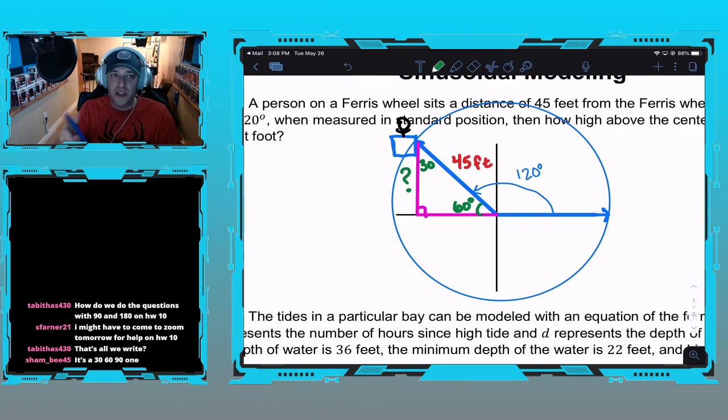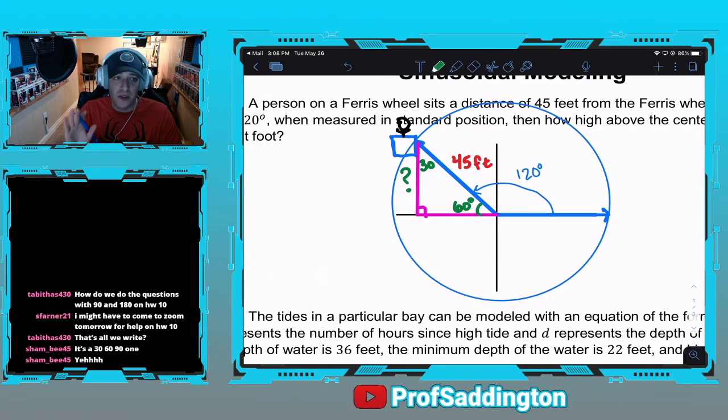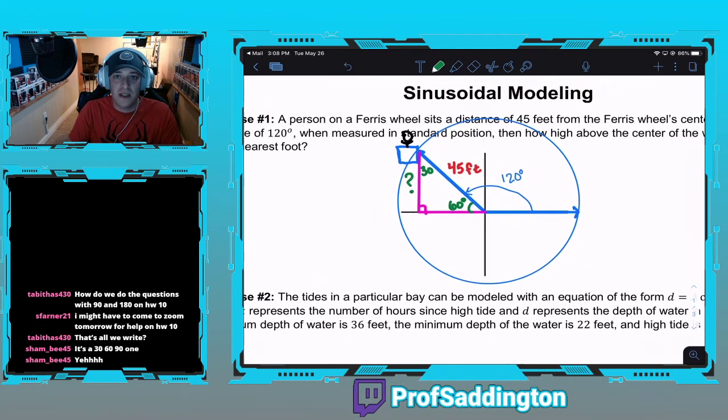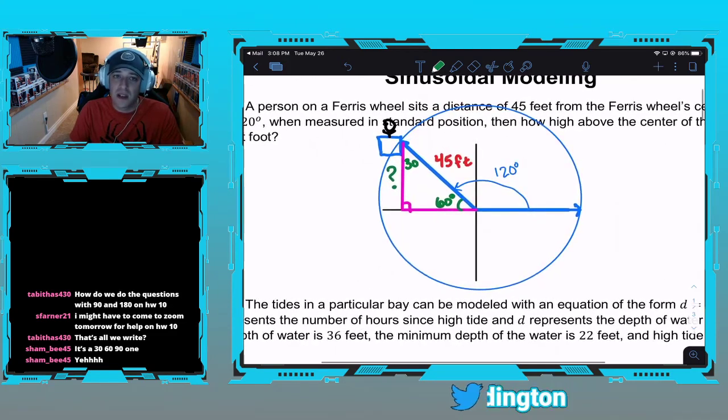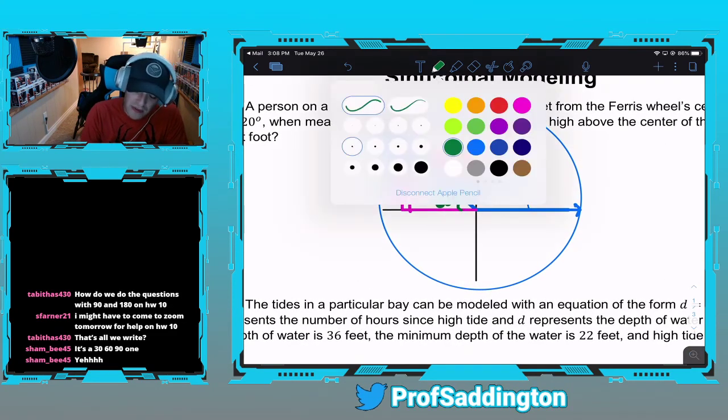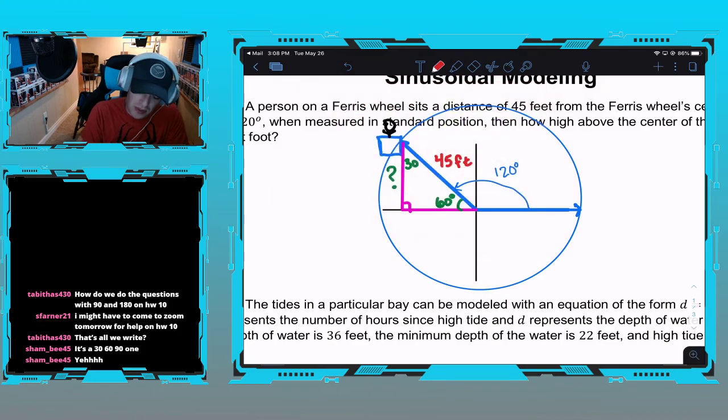Now there's two ways you can solve this. You can turn it into a unit circle, which if that's what you guys want to do, you can. But I'm going to go back to the Silver Creek teachers and the taking oats away, that little saying that you guys have done. Because this question is asking you to find the height, this is telling us that they want you to find the y value. So this right here is just your y value.